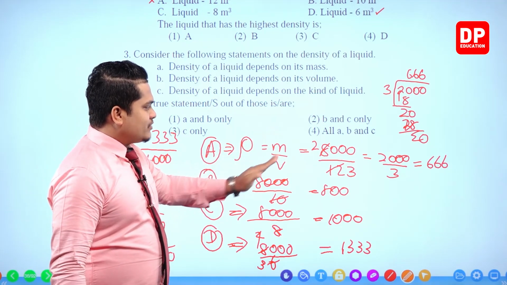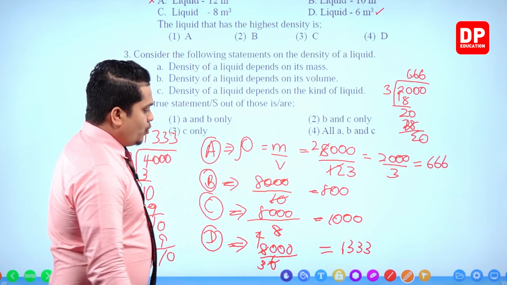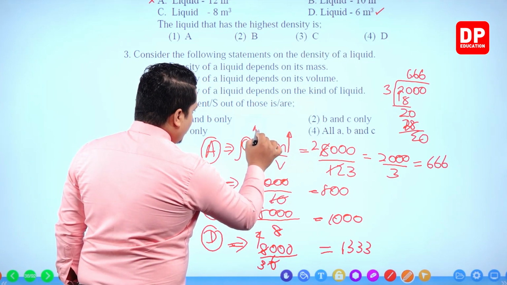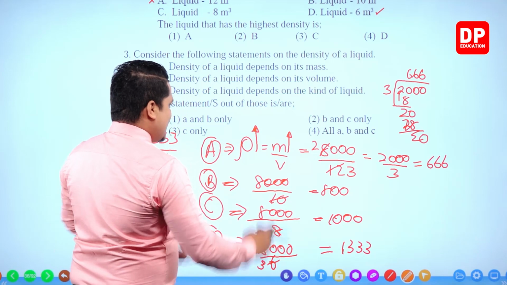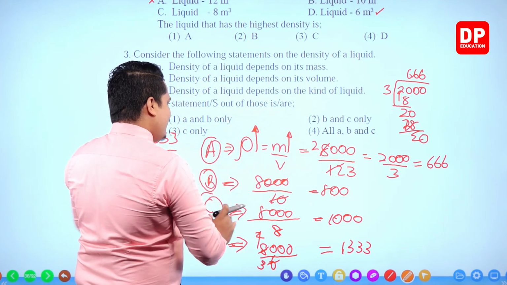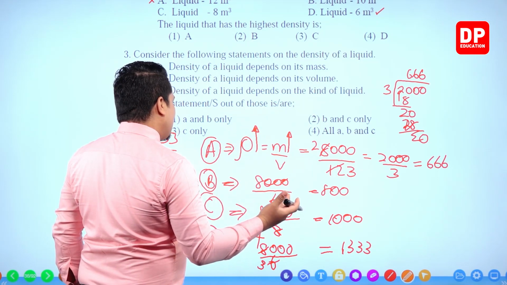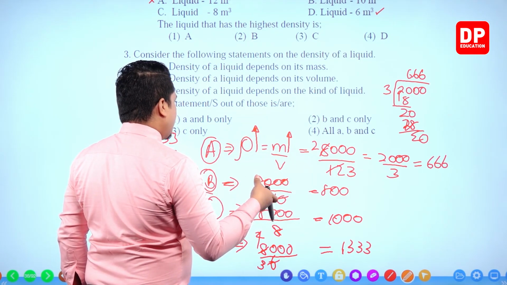Density equals mass over volume. When increasing the mass, density also increases. It's because mass and density have what we refer to as a direct relationship.